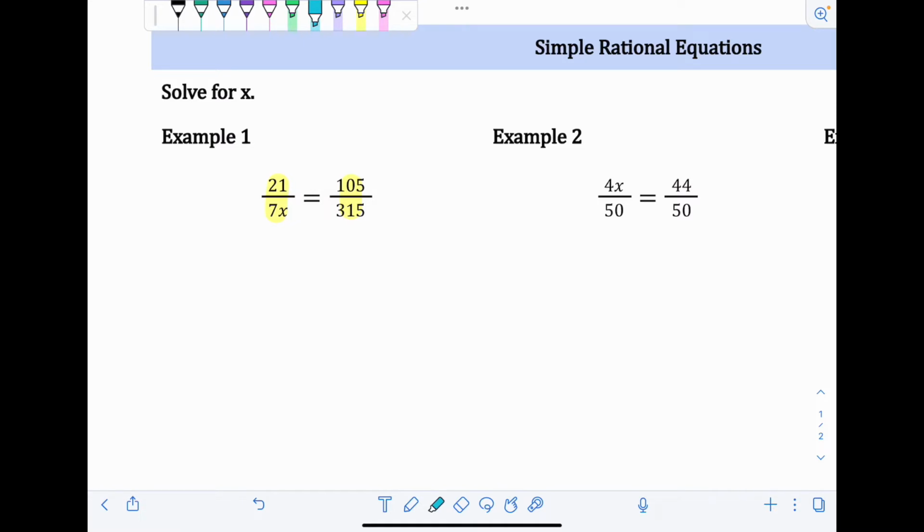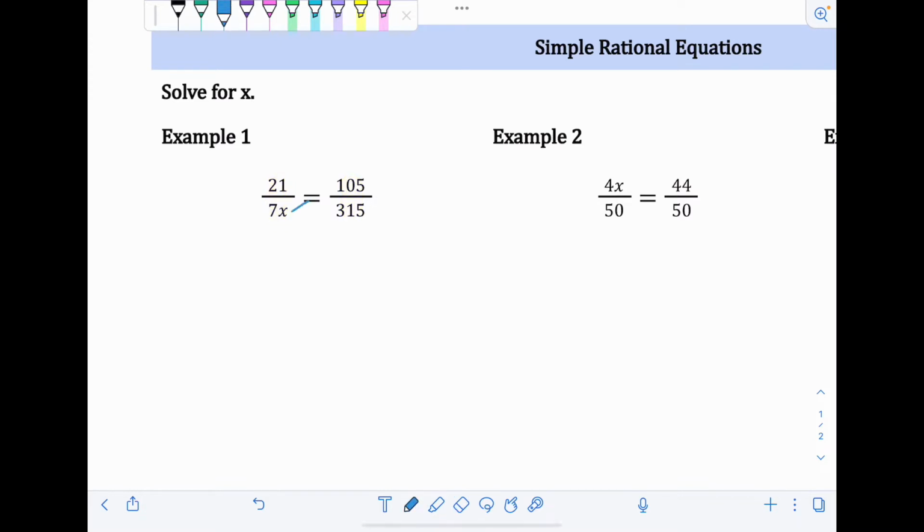Okay, so if you have a proportion, you can solve it by cross multiplying, which means that we multiply diagonally through the equal sign and then set each product equal to each other. So in example 1, 21 over 7x equals 105 over 315.